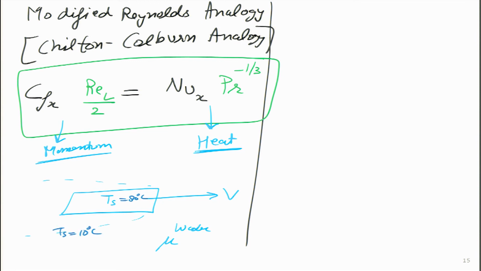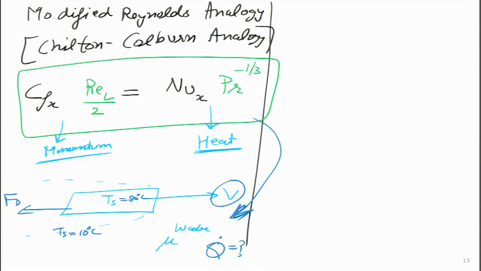So, what this analogy tells us is, if I figure out what is the drag force, because that force I have to apply to pull it forward, just by measuring drag force and doing the non-dimensionalized analysis, I will be able to figure out what is the value of Q dot, how much heat transfer is taking place from that particular solid to the fluid.